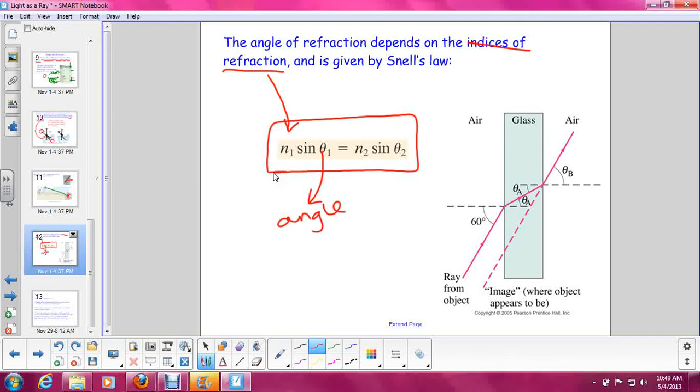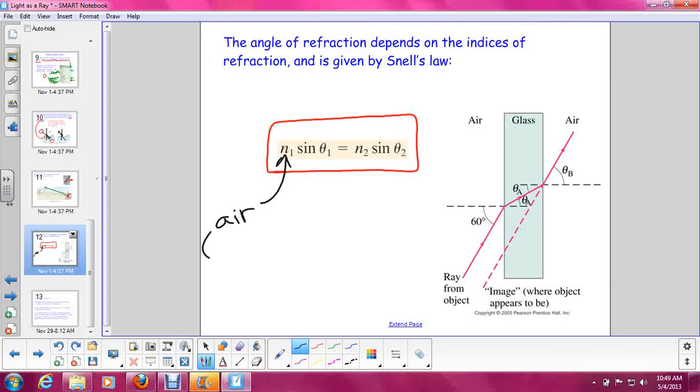So for this problem right here, if we have a ray going from air to glass, we would use the index of refraction for air. So this would be air, and you would go back to that table I showed you earlier and find out what the index of refraction is for air, and you would put that number in here.